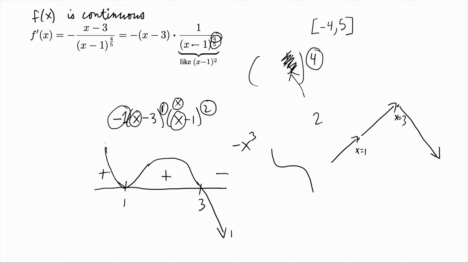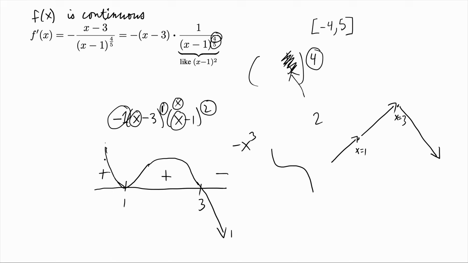So if f of x is continuous, then everything's going to connect. But the derivative is infinite. Let's think. The derivative is positive here, so it's going to be positive infinite here.